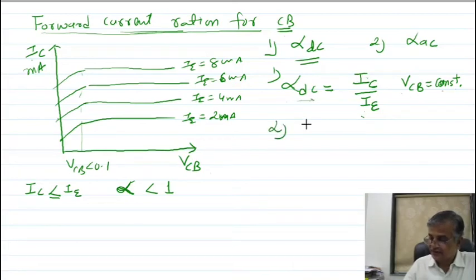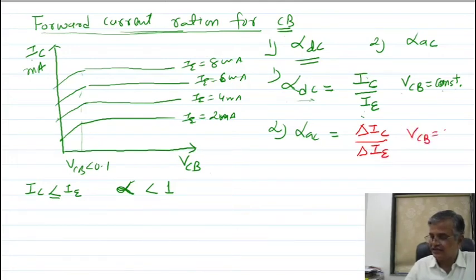Second, alpha AC. The AC current gain is defined as the ratio of change in output collector current to the corresponding change in input emitter current for a constant value of collector base voltage.